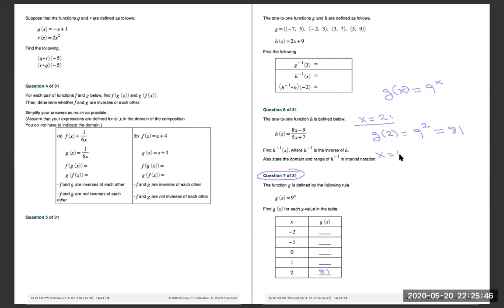When x is equal to 1, g evaluated at 1 is equal to 1 squared. That's 1. X equals 0. G evaluated at 0 is 0 squared, which is 0.